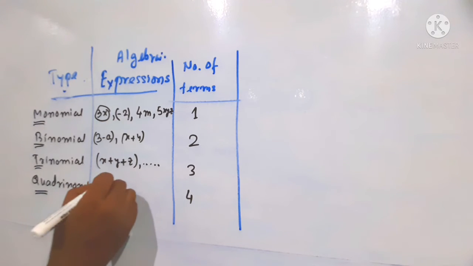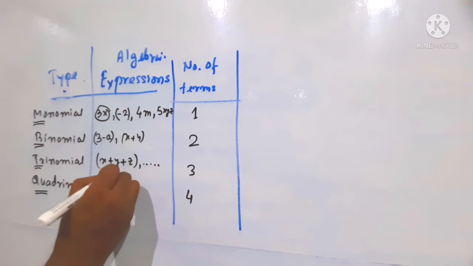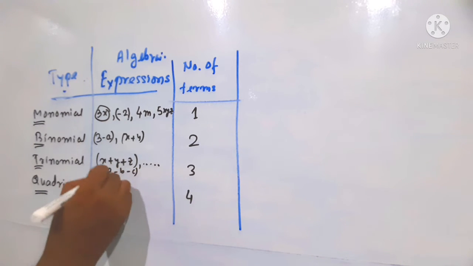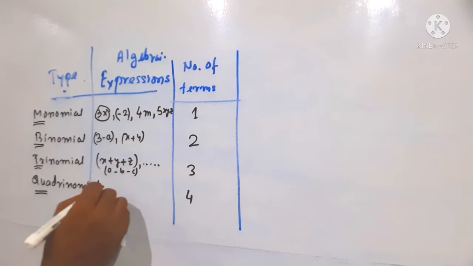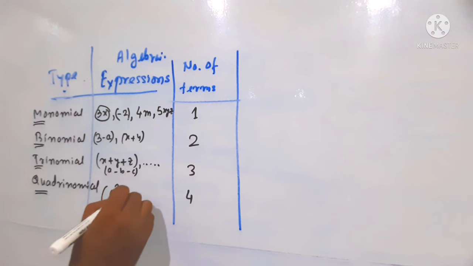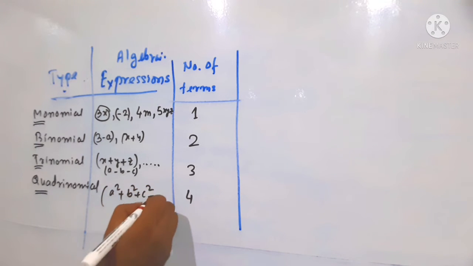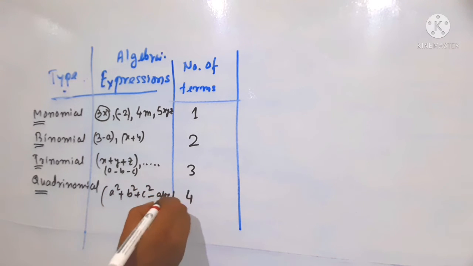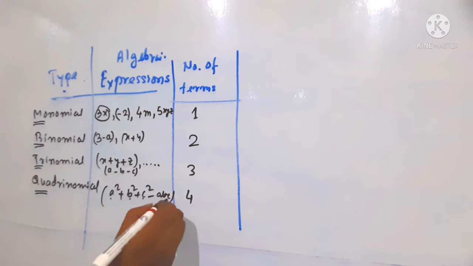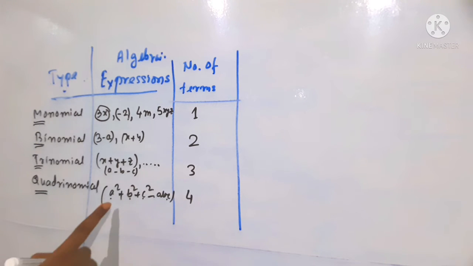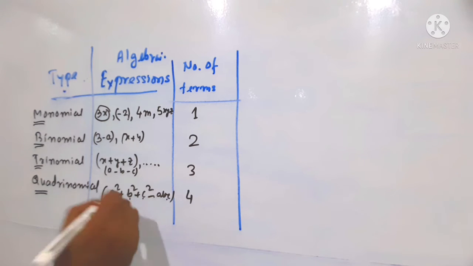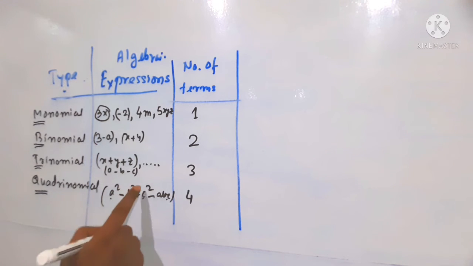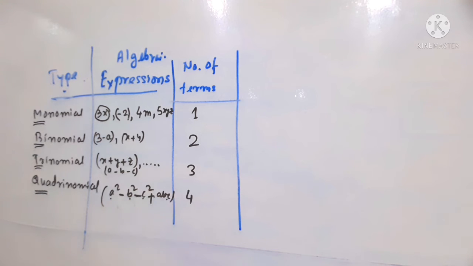And here you can also write a minus b minus c: 1, 2, 3. And when it's 4, you can write a square plus b square plus c square minus abc: 1, 2, 3, 4. Plus, plus, minus. The signs may be different. Plus, plus. Also it can be minus. This can be minus. This can be plus.